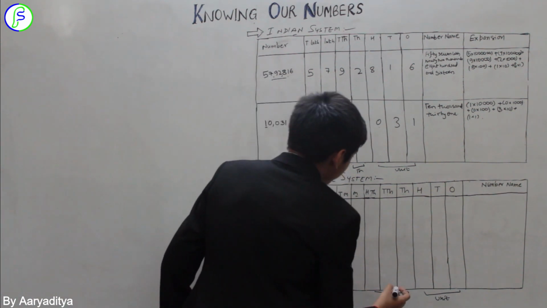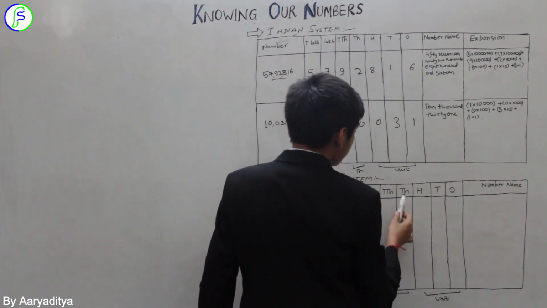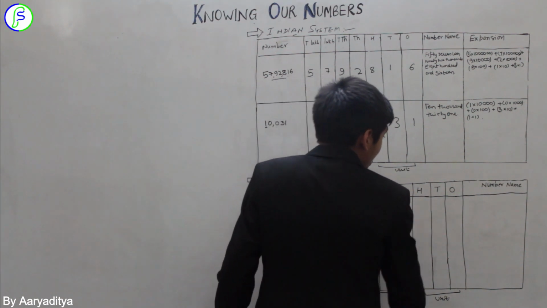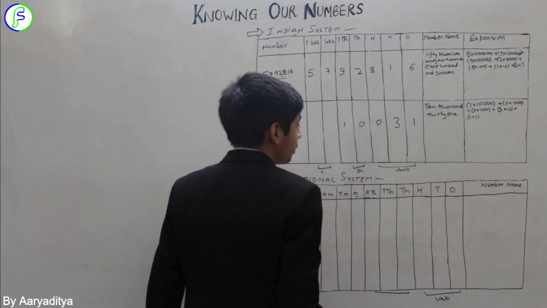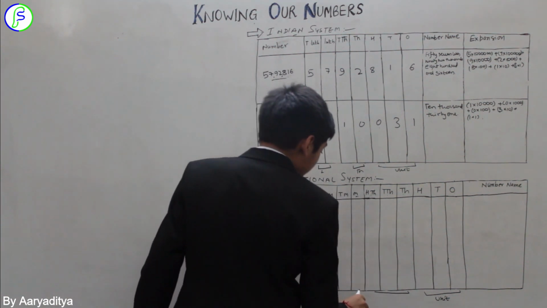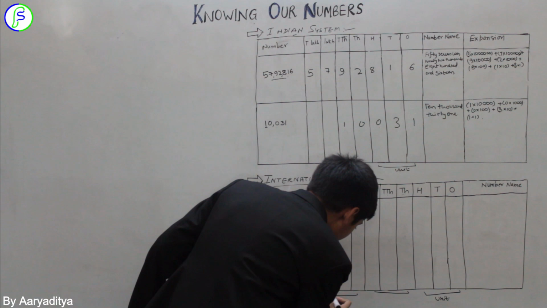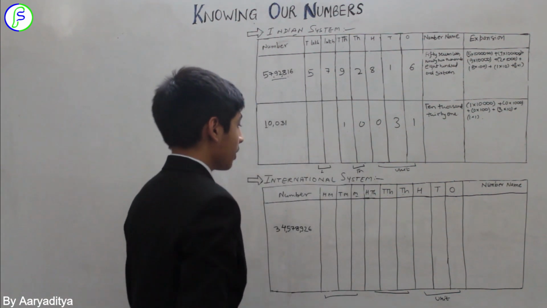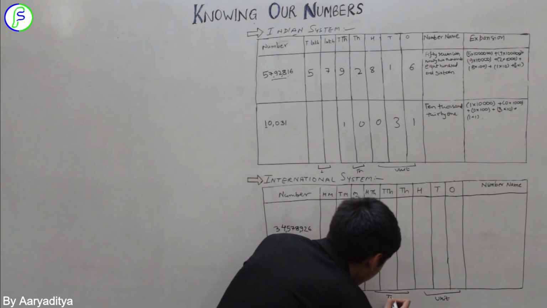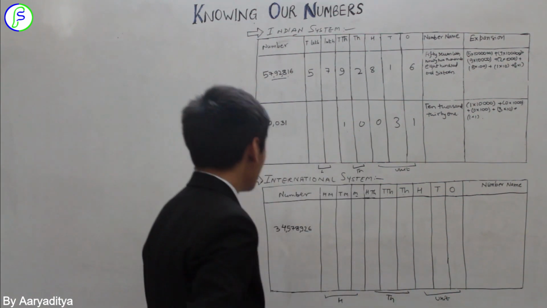So the next 3 upcoming places or positions after the unit group would be grouped together. Similarly, after that again 3, 100 million, 10 million, million would be grouped together. So this group is known as the thousands and this one is the millions.